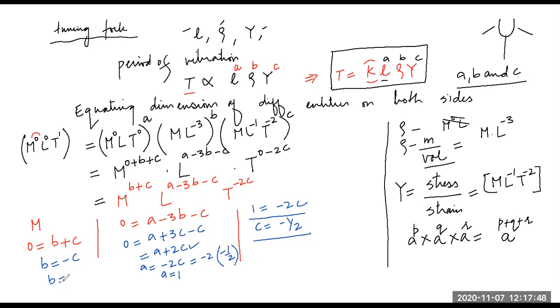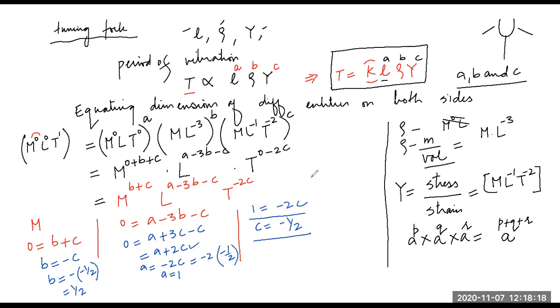Jasmine? b is equal to minus c. So minus c, c is minus 1 by 2. So b will be minus of minus 1 by 2, that is equal to 1 by 2, right? So b is 1 by 2, a is 1, c is minus 1 by 2.